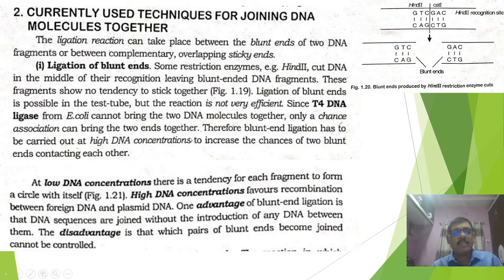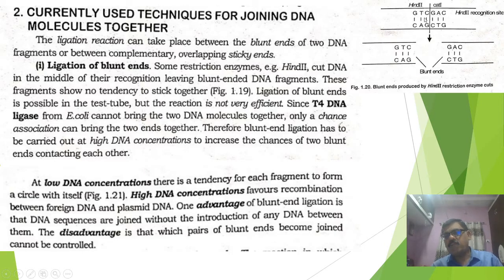Now we'll discuss the technique of ligation of the blunt end. The ligation reaction can take place between the blunt ends of two DNA fragments or between complementary and overlapping sticky ends.